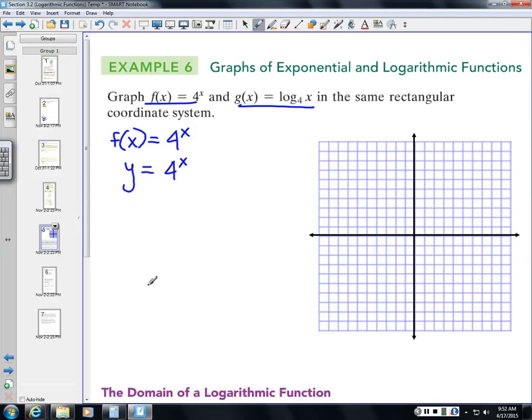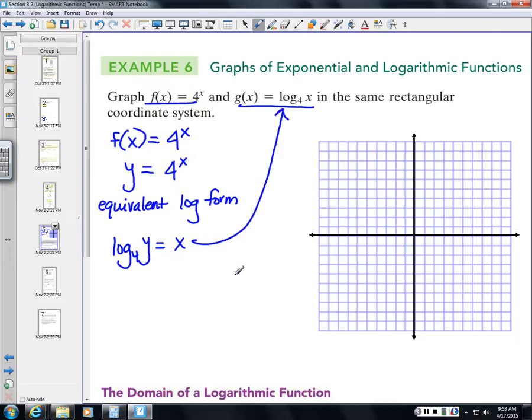If I were to take this and put it into its equivalent log form, then, of course, the base of the 4 is going to move over to the other side, so this would actually be log base 4 of y is equal to x. Now, is that the same thing as this? It's not, because this, g of x, is y equals log base 4 of x.